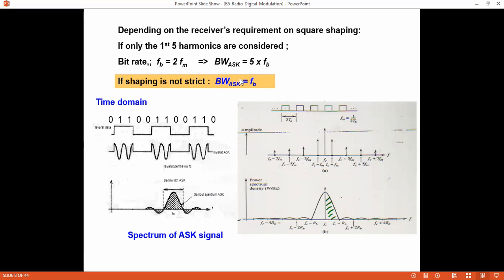Then the ASK bandwidth, considering only the fundamental FC, is equal to 2 FM, which is equal to FB. Since our digital signals in binary use a square wave, we have this concept of the required square shape. So to calculate the total bandwidth, you need to pay attention to the question, up to how many harmonics should be included.